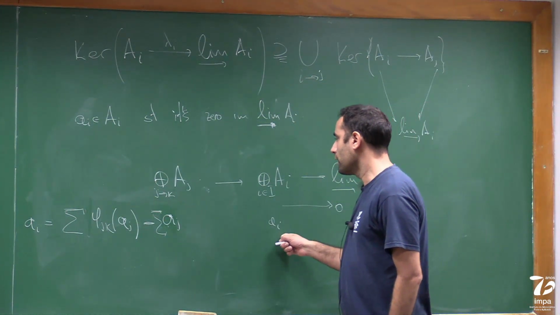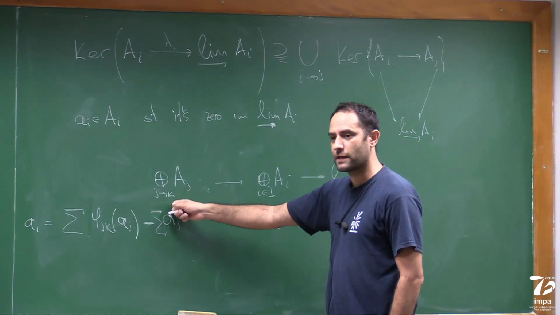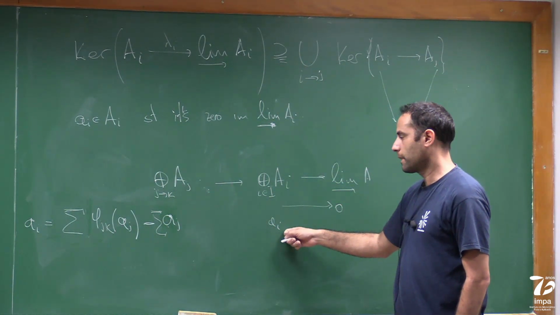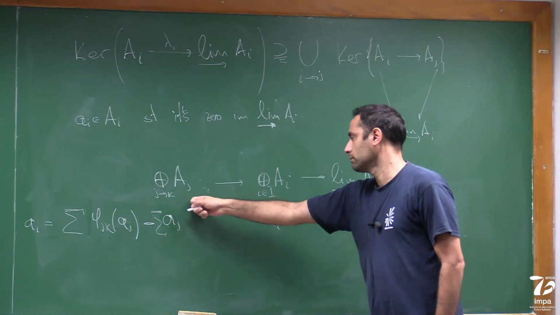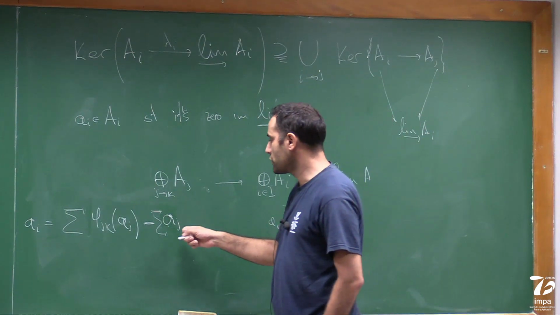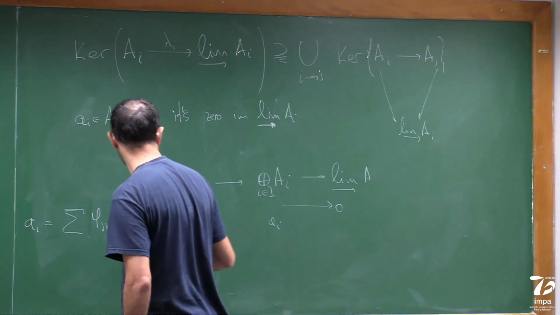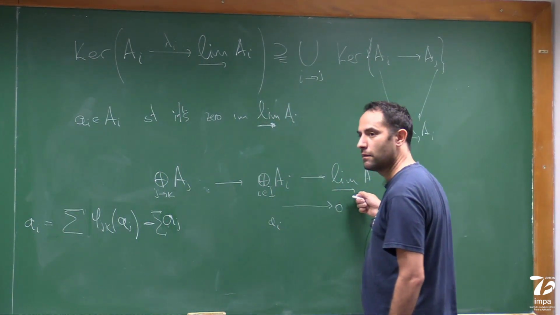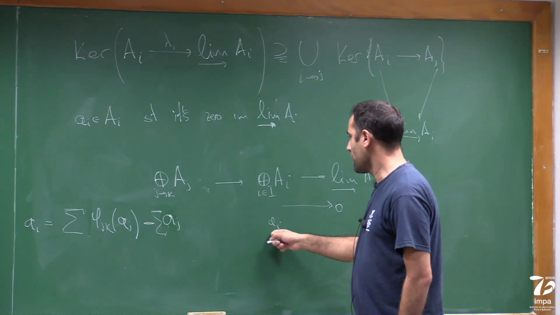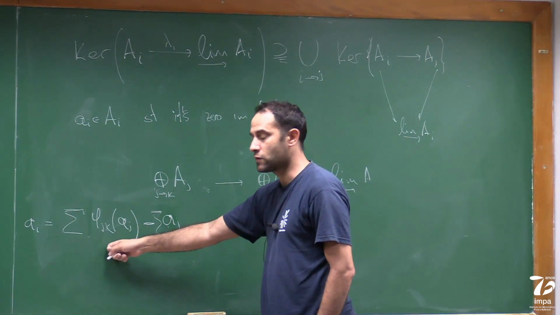Well, but now, my a_i is equal to something like this, because I'm saying that it goes to 0 here. So that means I can replace this a_i in the colimit by the largest of all of these arrows to compare them.